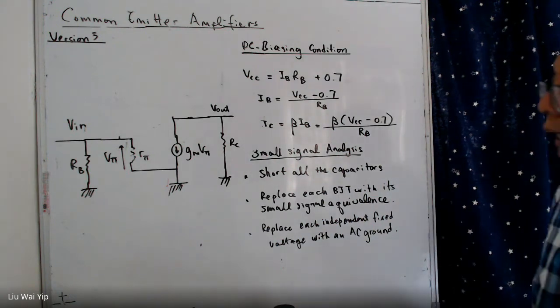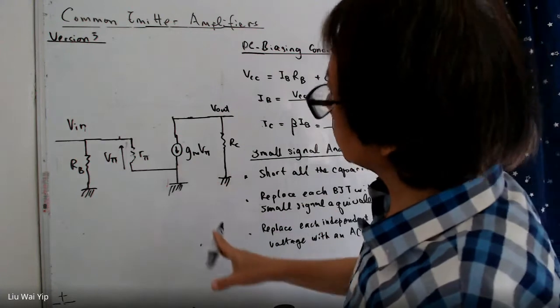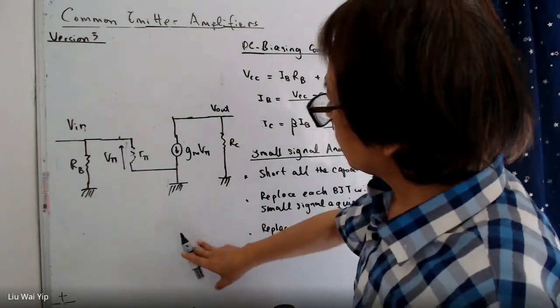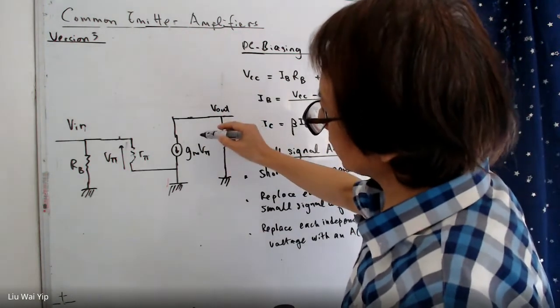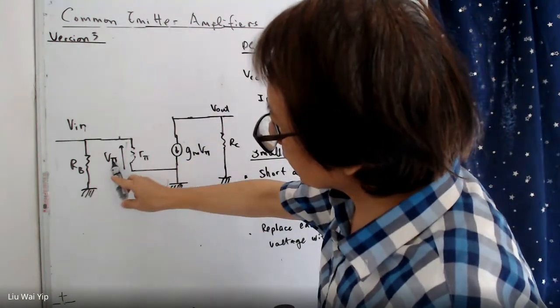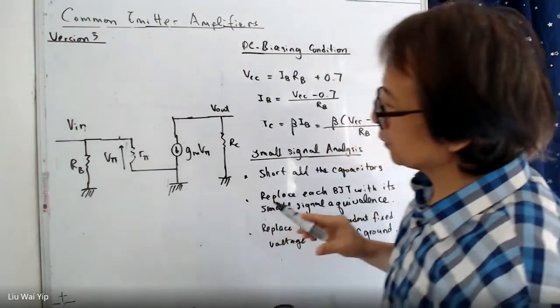So now, how are we going to calculate the amplification factor? One way you can do it is to make use of the network here. We know that Vin is exactly equal to V pi.